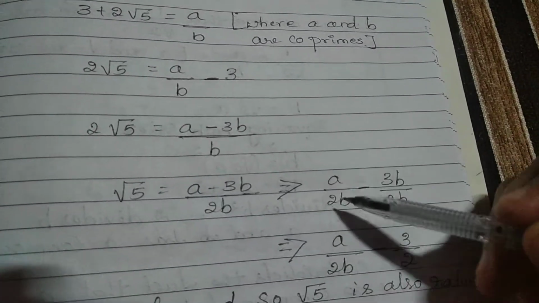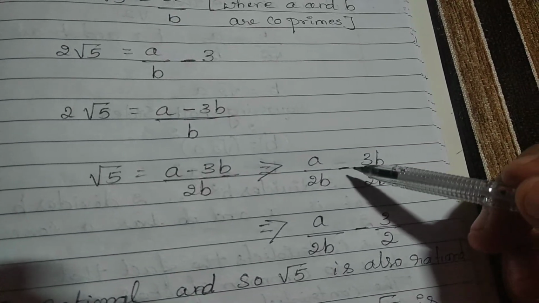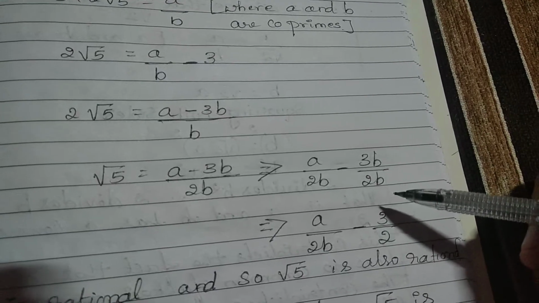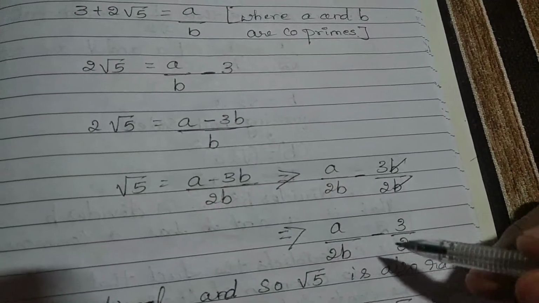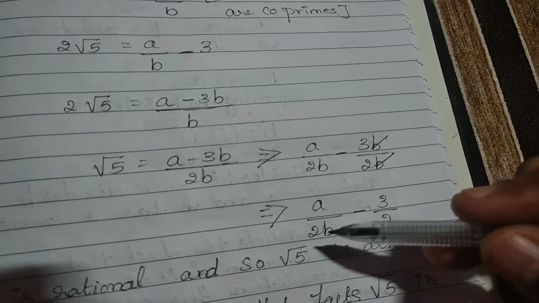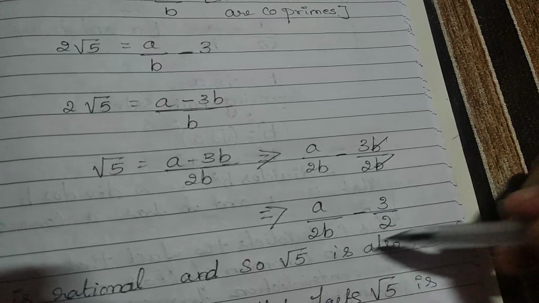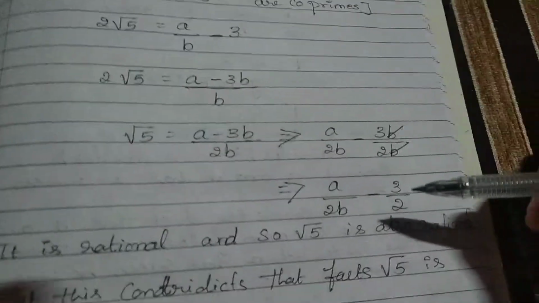Again, if I divide by 2b, a by 2b, and I'll split minus 3b by 2b. The b's get cancelled here. Now we got a by 2b minus 3 by 2. So all these are rational numbers and integers.